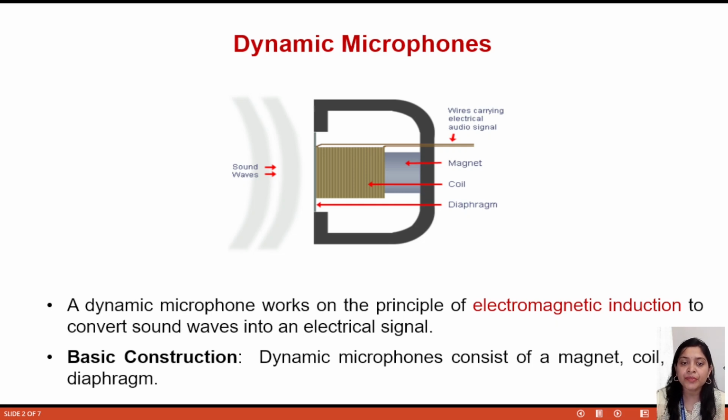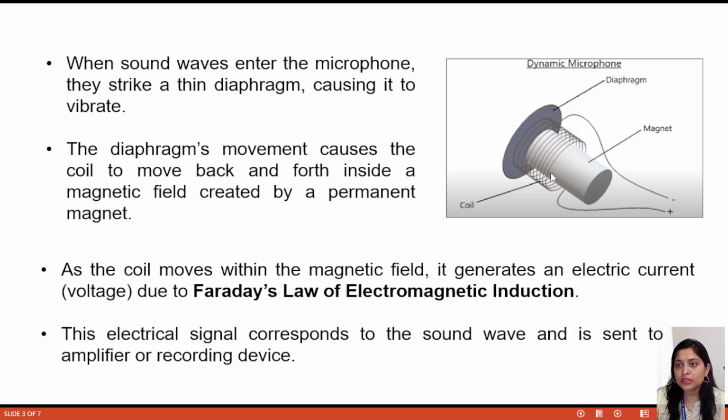The basic construction consists of a magnet, coil and diaphragm. In this figure you can see more properly: this is the magnet part, this is the diaphragm, and the coil is wound and connected to the amplifier side.